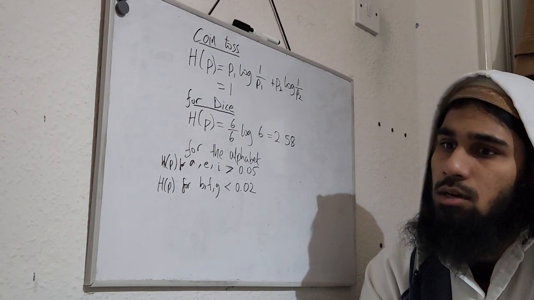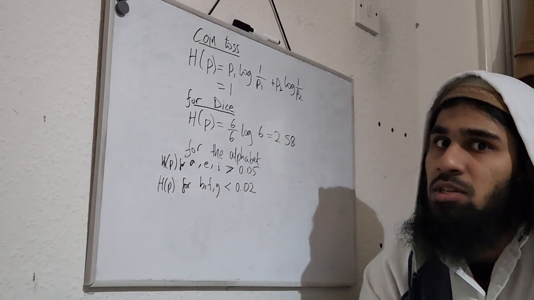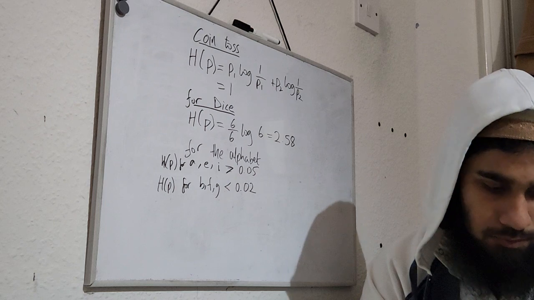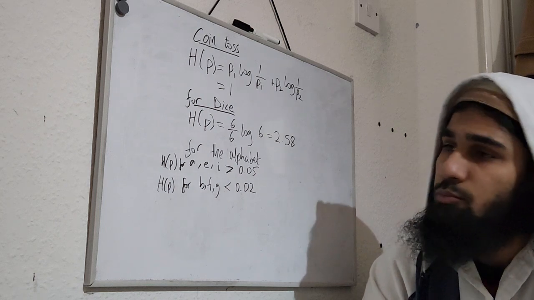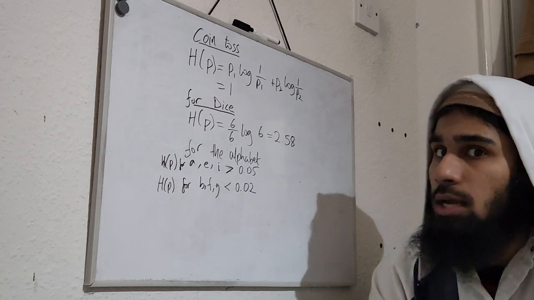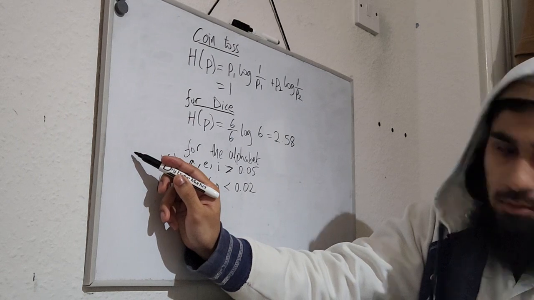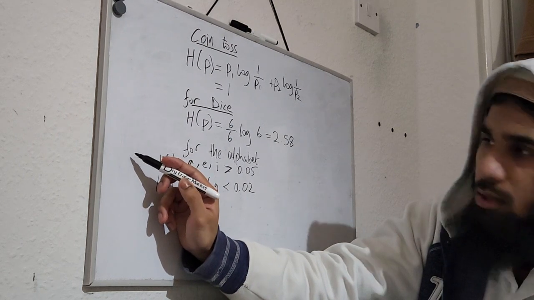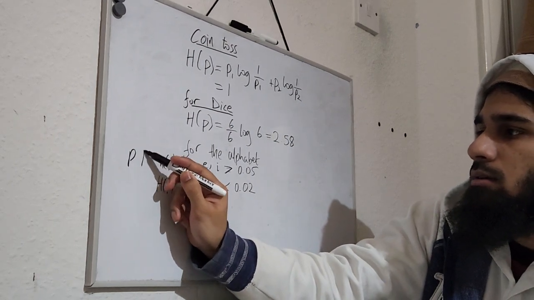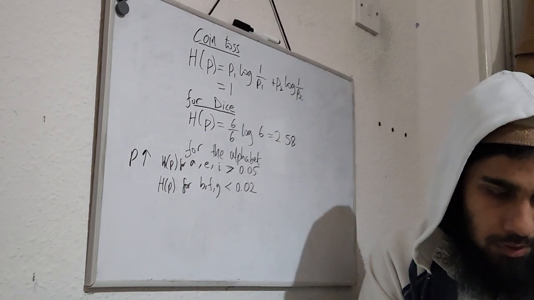Another definition of entropy is how much information you get, and it links with probability. AEI has a higher probability, so the entropy will be high.